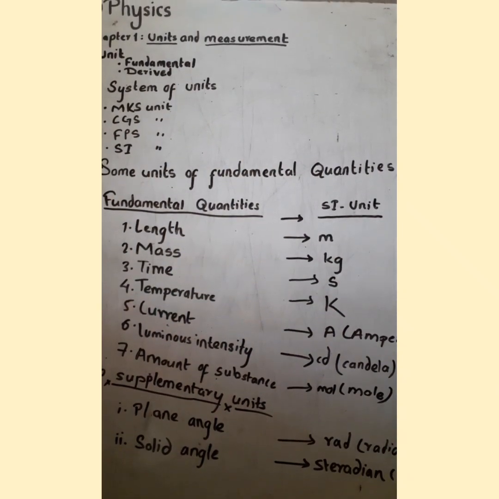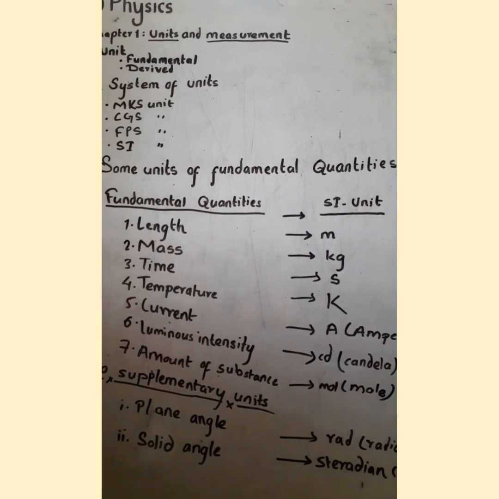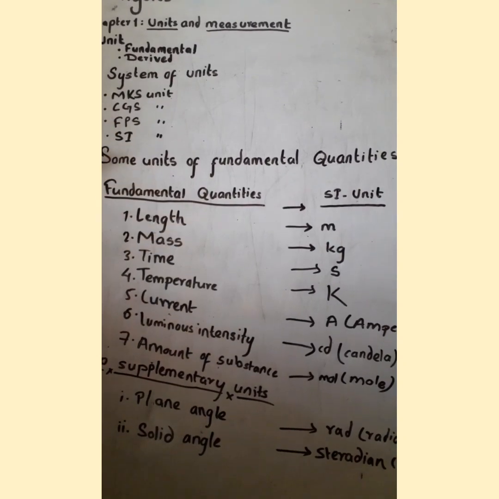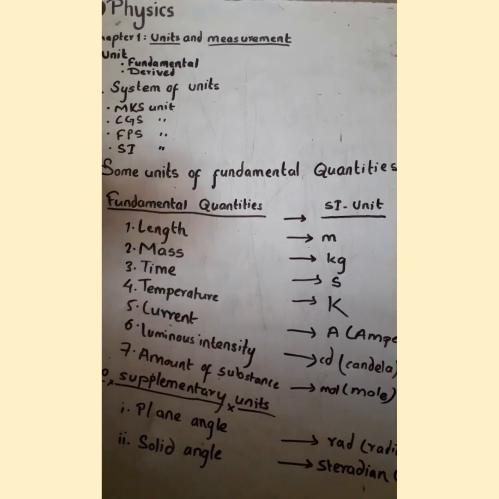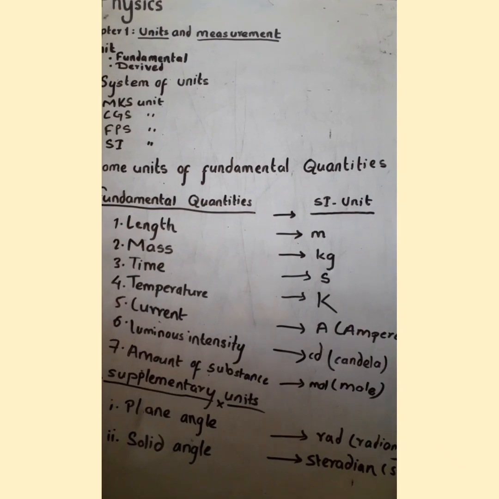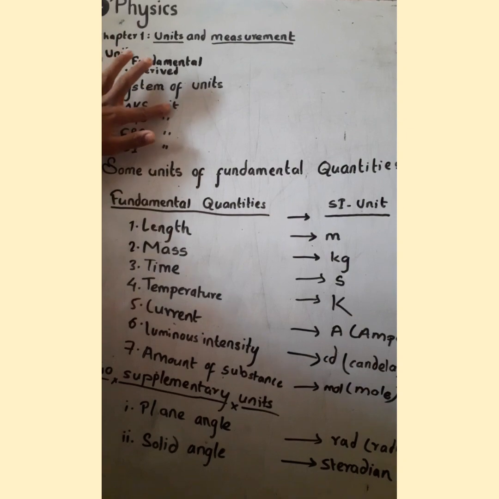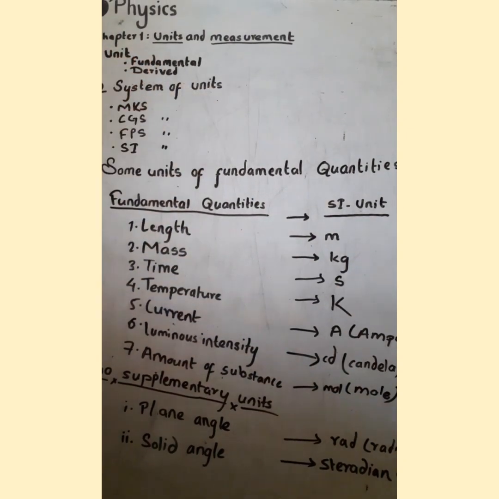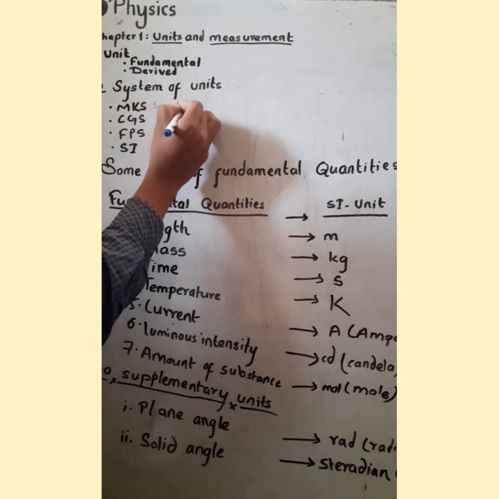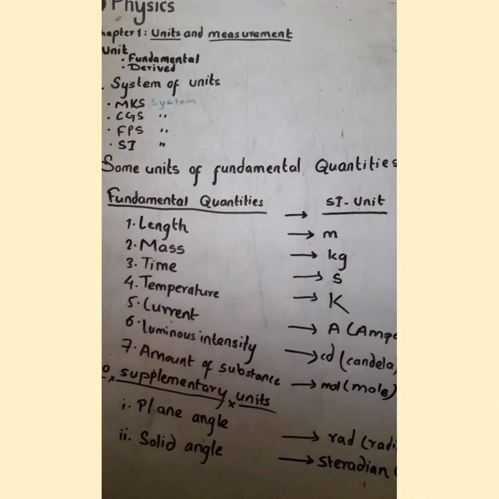And system of units. Different systems of units are used in measurement. For example, MKS system, CGS system, FPS system, SI system. First of all, MKS system. And what is MKS system then?